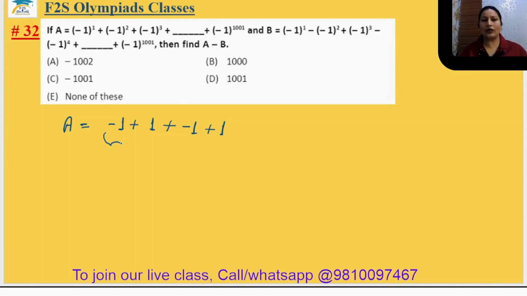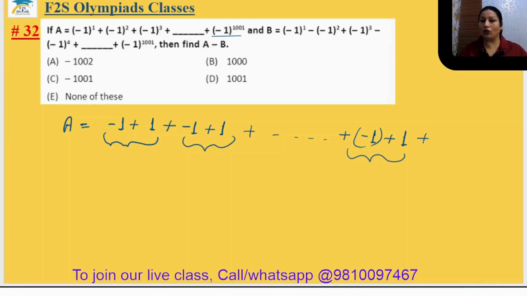In this way, we can make pairs up to 1000. So minus 1 and plus 1 is the pair.